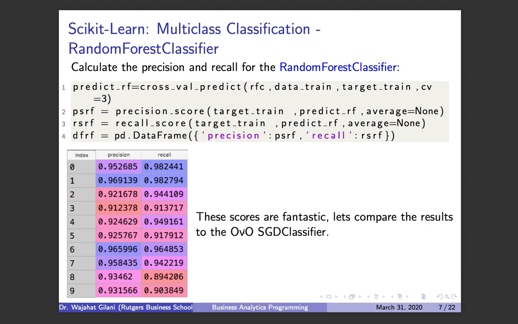Now let's go ahead and do the same thing as before. In this case, I guess I didn't do the accuracy, but fine. Let's go ahead and calculate the precision and recall for the random forest classifier. Okay, so let's do that.